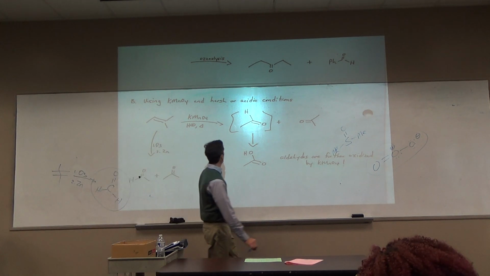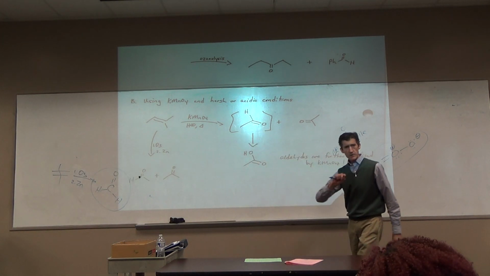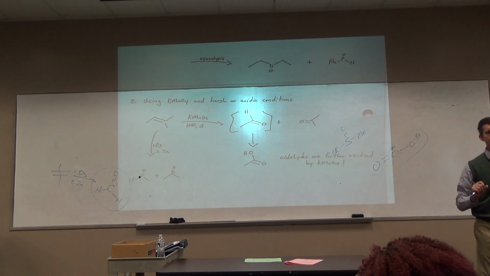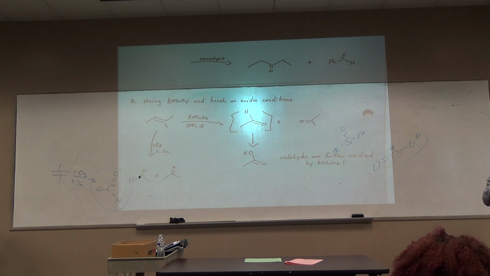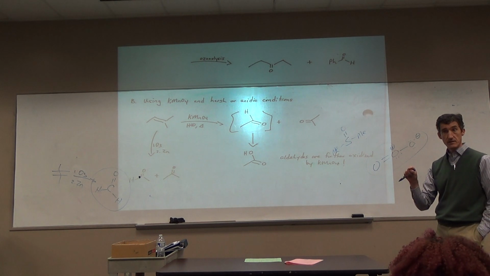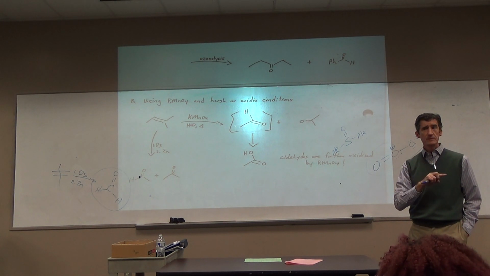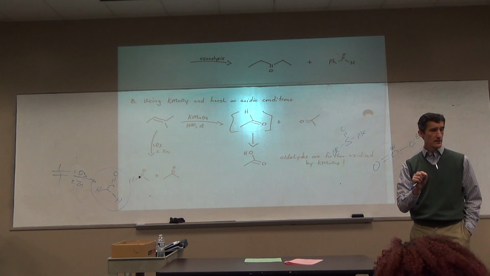Okay, aldehydes survive. But look at this. Remember KMnO4? What does KMnO4 do to an alkene? Syn dihydroxylation. That's how we originally made the diol. But then we said osmium tetroxide gives better yield.